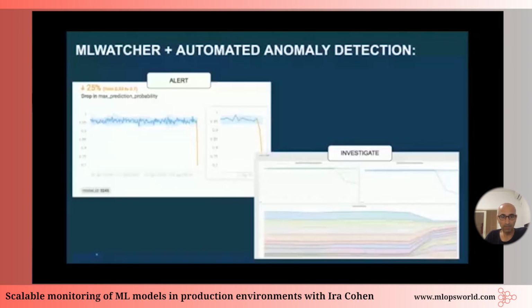When these glitches happen and they end up costing the company $300,000 or $10 million or any amount, or the trust of the customers, then there is a tendency, because this is so new, for executives to mistrust the whole field, and it slows things down. So it is in our best interest to make sure that things are working and functioning properly in production, because when they don't, it slows everything down for everybody.